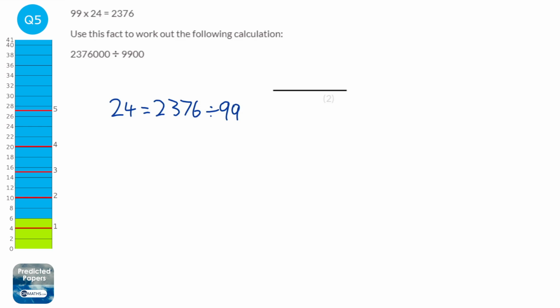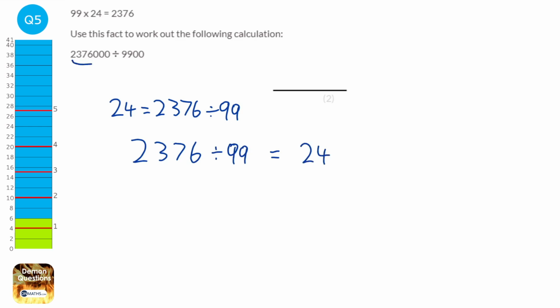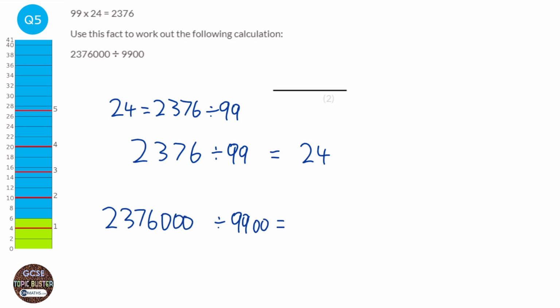So I'm just going to swap that around. So 2,376 divided by 99 equals 24. And I'm going to write this underneath so we can see the similarity. So 2,376,000 divided by 99,000 equals. Okay, let's have a look at what's happening between these two numbers.